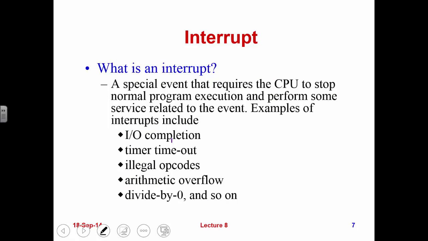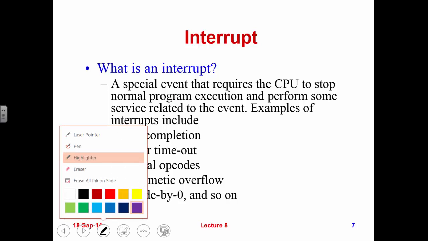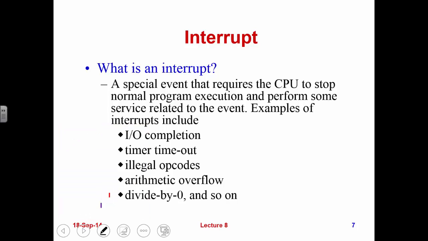Interrupt: you do something and you feel interrupted. Or like here, we are making a video of my lectures, and I don't want somebody to interrupt me. I put a sign on my door that says do not disturb, don't interrupt. So interrupt here for the microcontroller is similar to the scenario I just introduced.